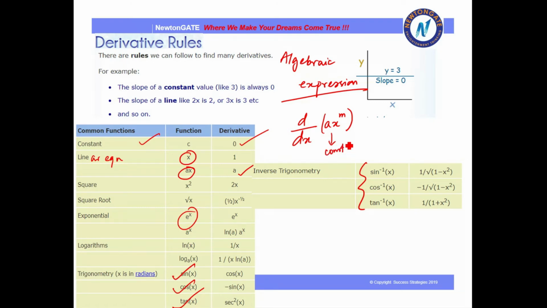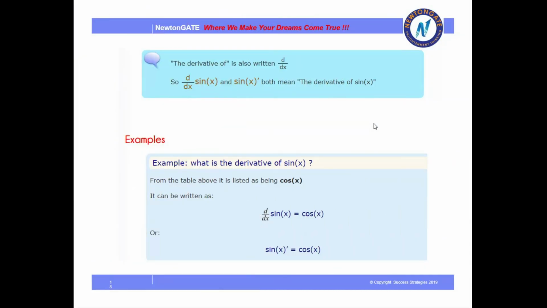Now a x to the power m gives a m x to the power m minus 1. This is a general derivative formula for all algebraic expressions. So the derivative of sin x is cos x, or we can also write sin x dash is equal to cos x.